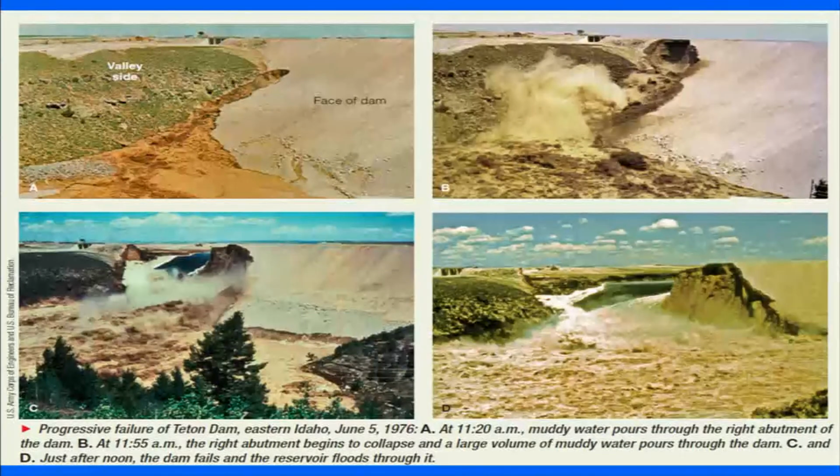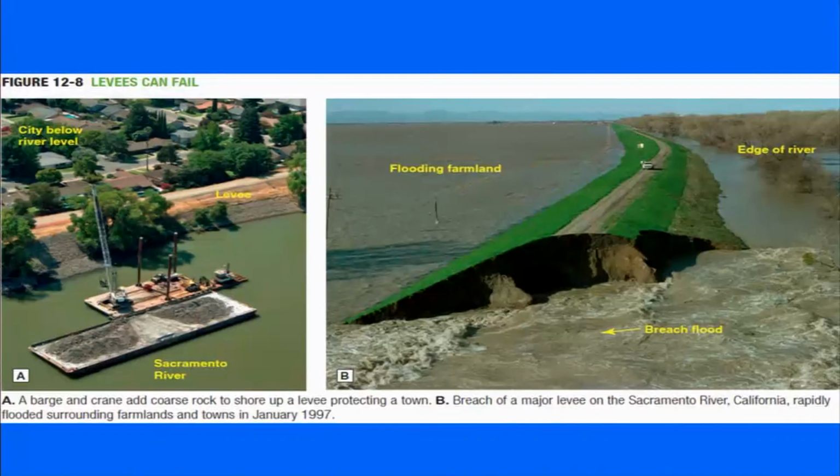Now, this is the breach of an earthen dam, which has been shown here. This example shows that even if you construct natural or artificial levees, the breaching or breaking up of the levees can result in flooding in the adjacent area.